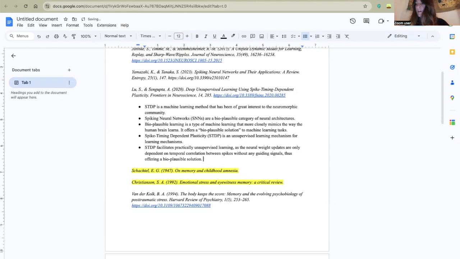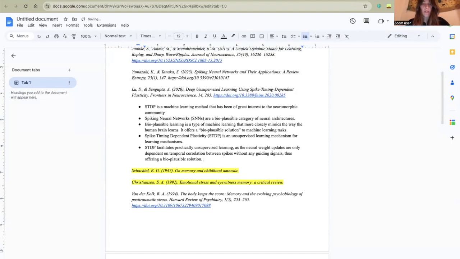I'm going to investigate. But I'm going to be honest, I don't 100% understand that last part about unsupervised learning, where the neural weight updates are only dependent on temporal. I'm going to have to ask ChatGPT to explain that to me.